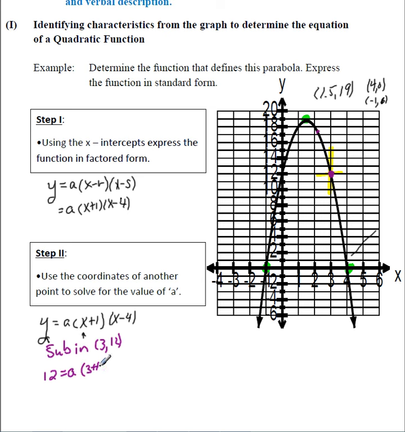3 plus 1 and 3 minus 4. So 12 equals a times 3 plus 1, which is 4, times 3 minus 4, which is -1. That's going to be -4 when you multiply.